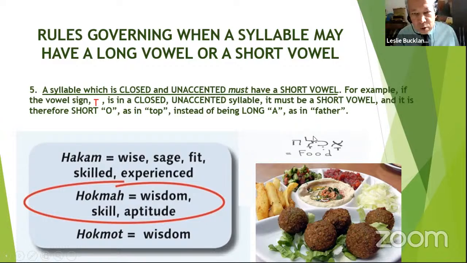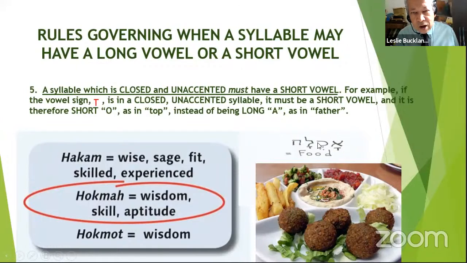Now, if the accent wasn't here on the last syllable, you would have seen an arrowhead over this syllable. But since there is no arrowhead over this syllable, it means that the accent is on the last syllable where it usually is. So this is a closed syllable.